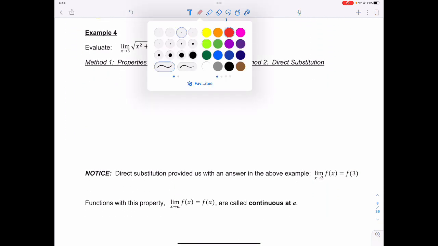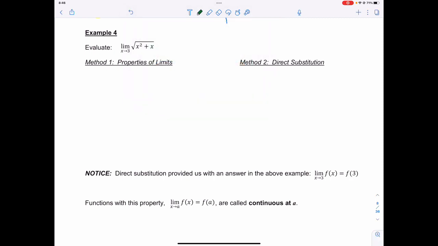For example 4, it wants us to evaluate the limit as x approaches 3 of the square root of x squared plus x. If I'm using my properties of limits, then I'm going to say that this would be the same as the square root of the limit as x approaches 3 of x squared plus x.